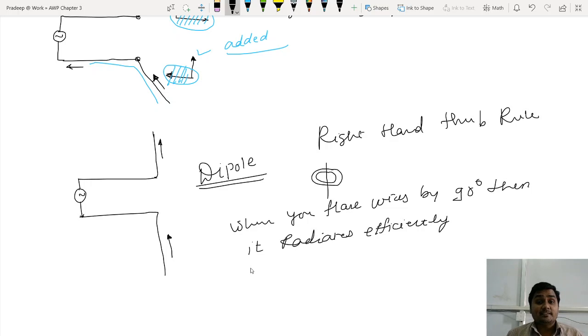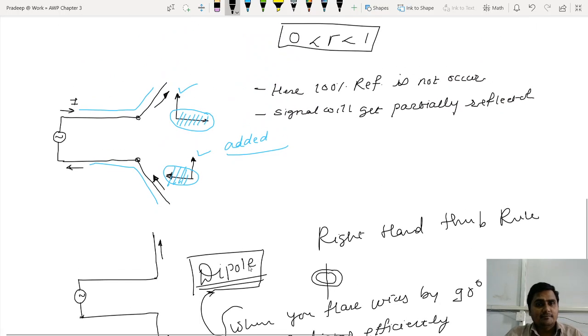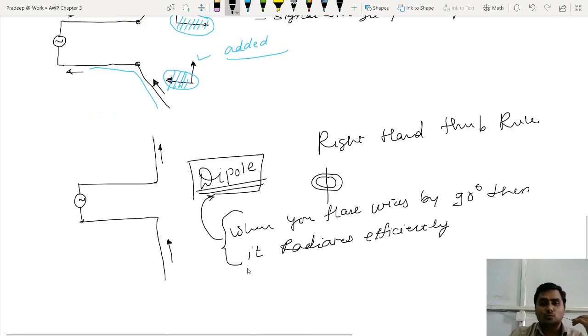That efficient radiator is given a separate name, and that name is dipole. So this is what a dipole actually is. Agreed? We started with the transmission line, with linear wires, and finally we reached the dipole.